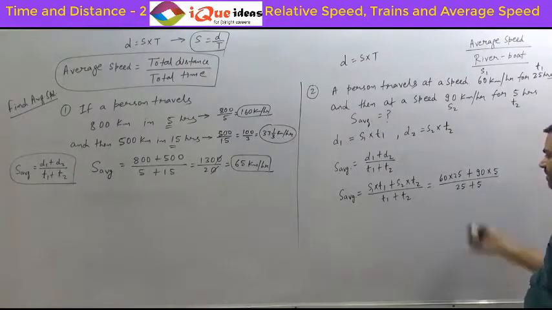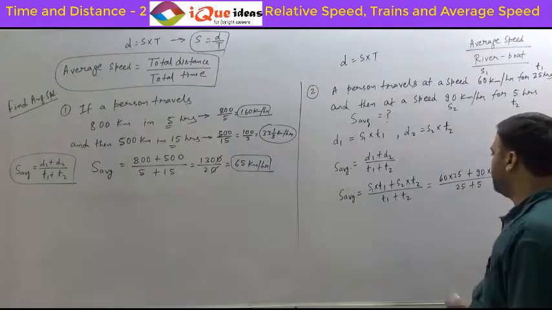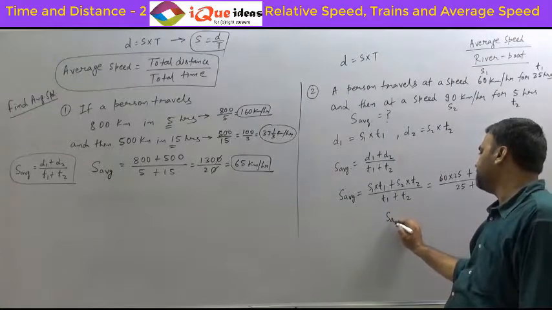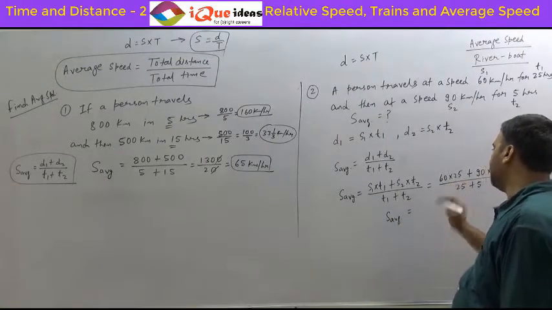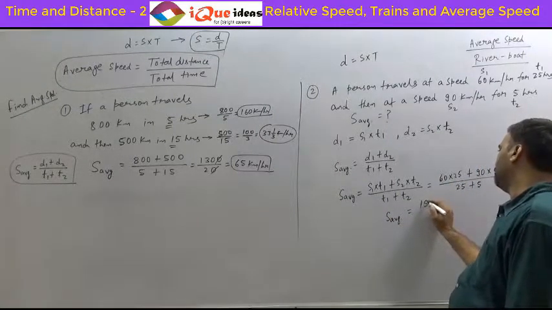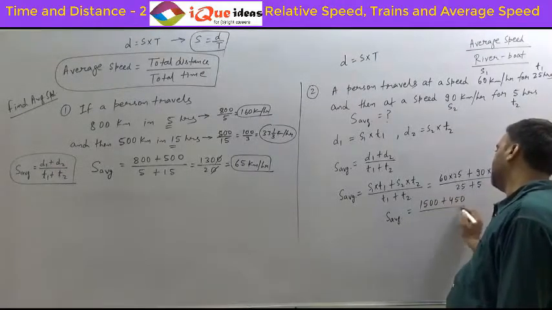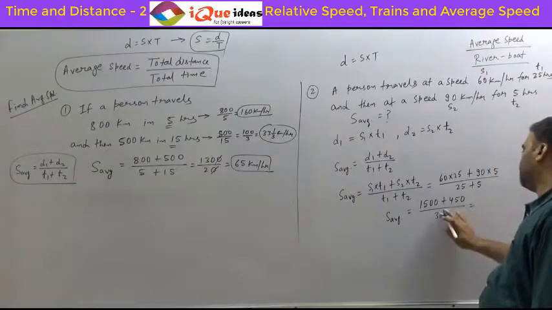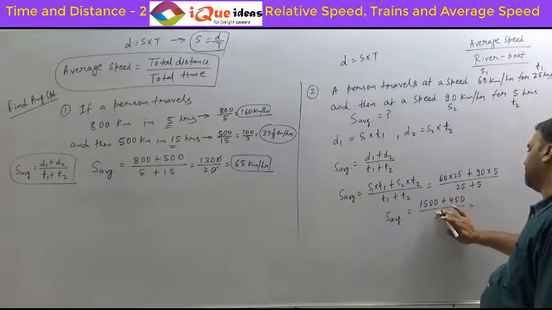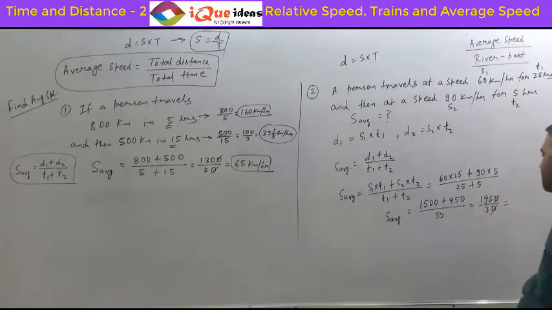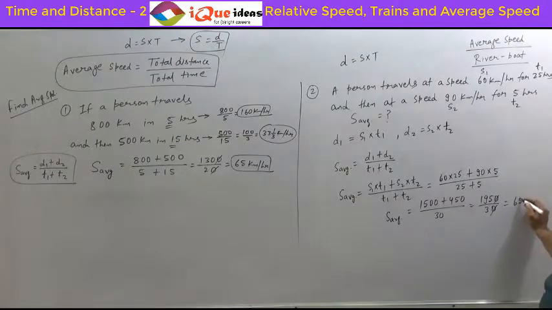If you solve this, 60 into 25 will be 1500 plus 90 into 5, that is 450, divided by 30. So it is 1950 by 30. Cancel 3, and we get 65 kilometers per hour.